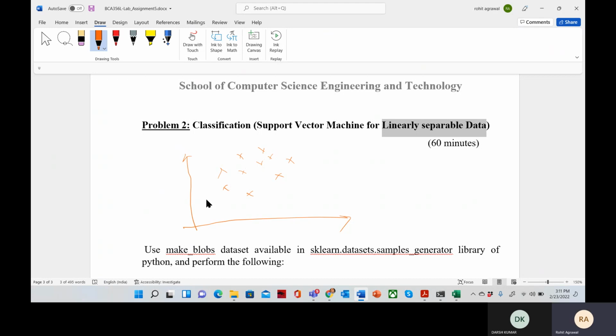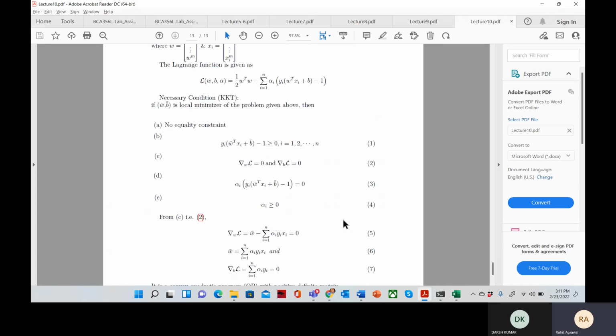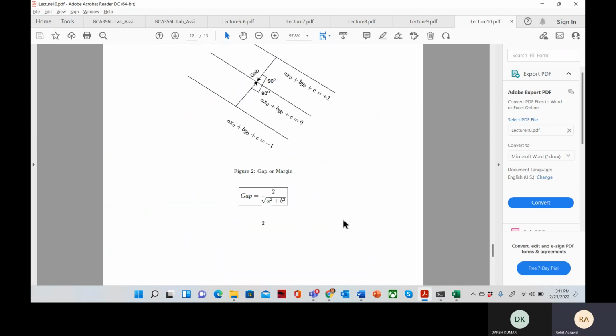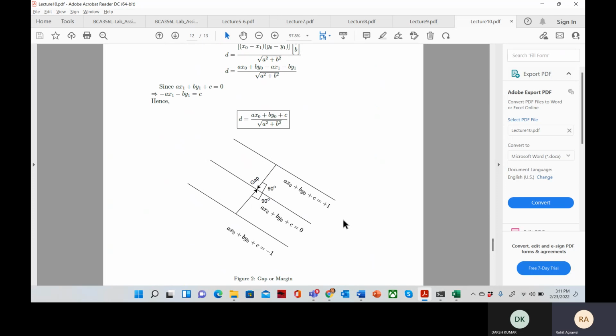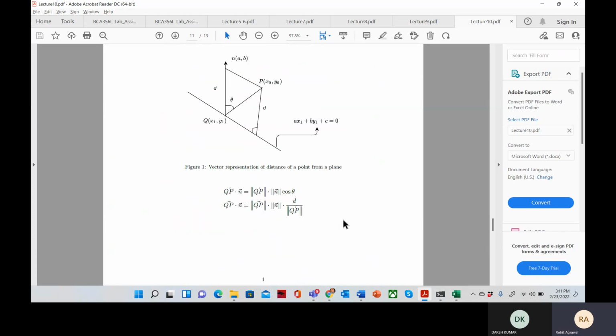So what will the support vector machine do? It will find something like this, a window like this. And in this window you will have your data points like this. If you see the mathematics here, यहाँ पे आपने देखा होगा कि what is the goal of the support vector machine?